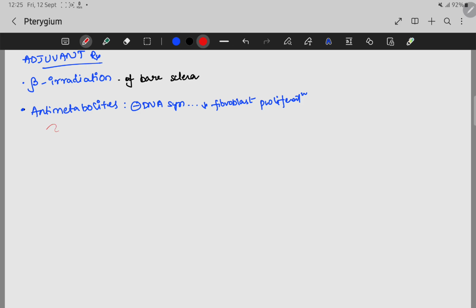So what are the antimetabolites? Mitomycin C, daunorubicin, 5-fluorouracil, thiotepa.